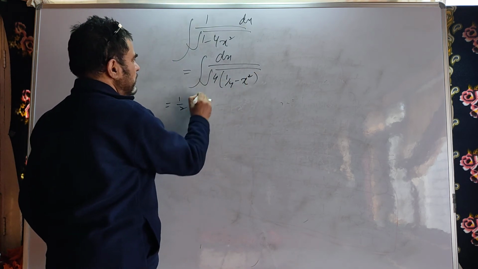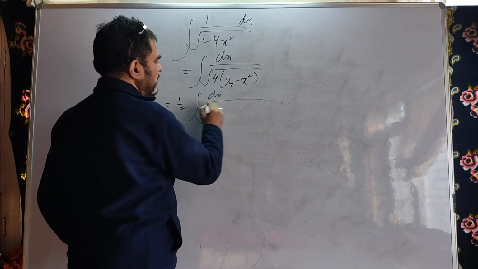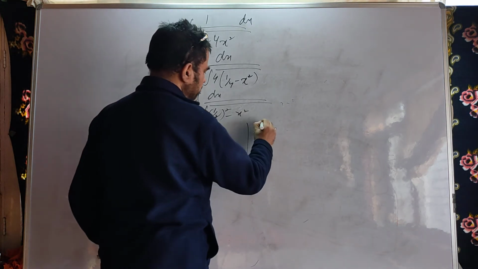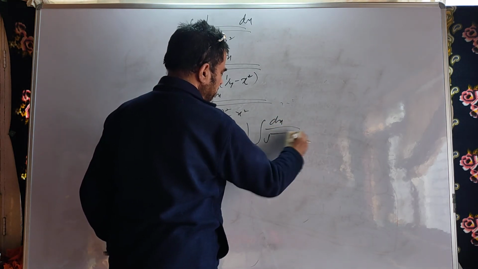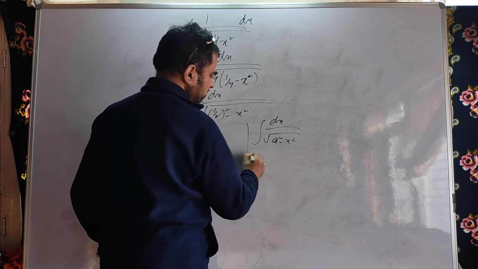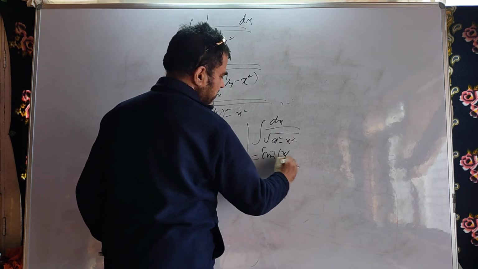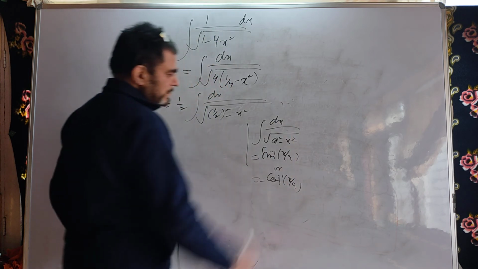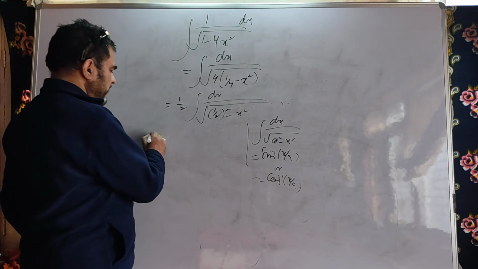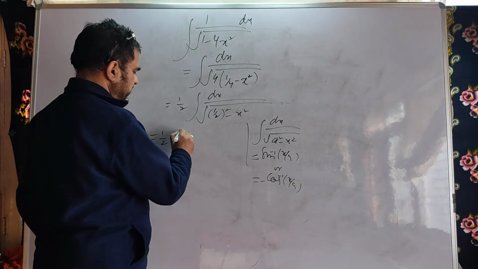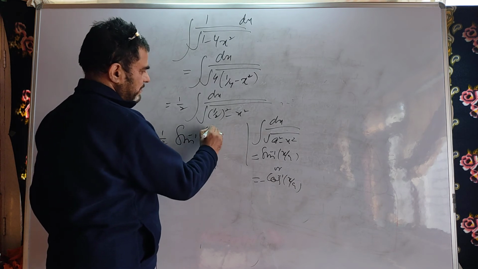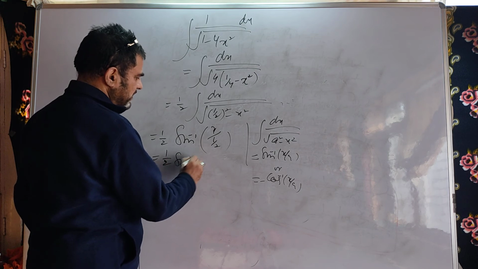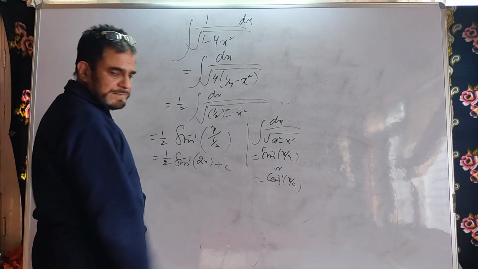This you can write as 1 by 2 integral of dx by under root of 1 by 2 whole square minus x square. Now this is the standard result. What is dx by under root of a square minus x square? You did it. It is sine inverse x by a, or minus cos inverse x by a. You can write accordingly. It is 1 by 2 sine inverse x by a, x upon 1 by 2. So this comes out to be 1 by 2 sine inverse 2x plus c. This way you can go.